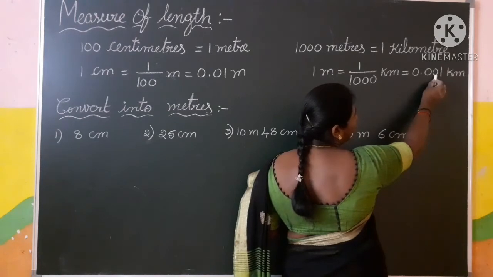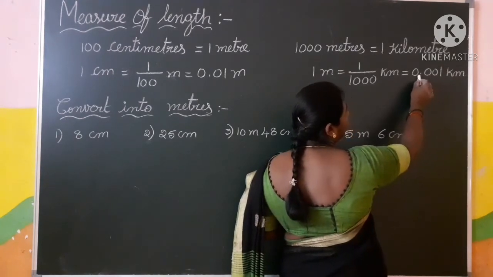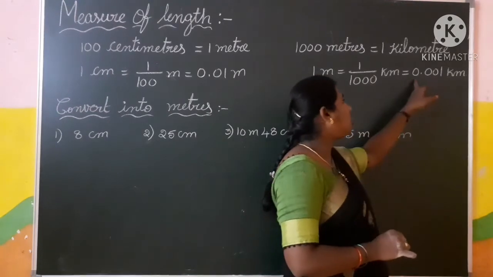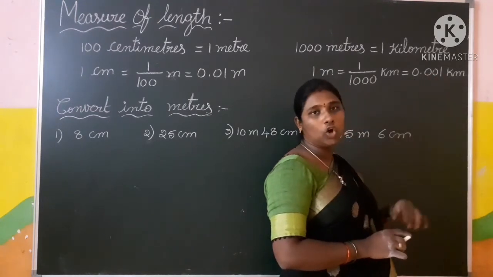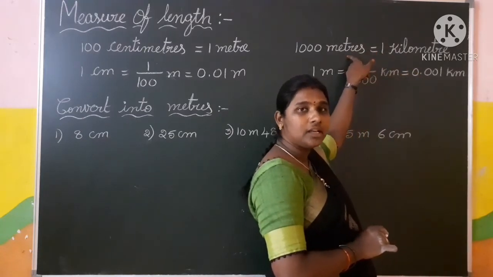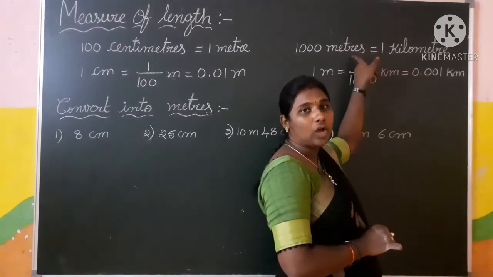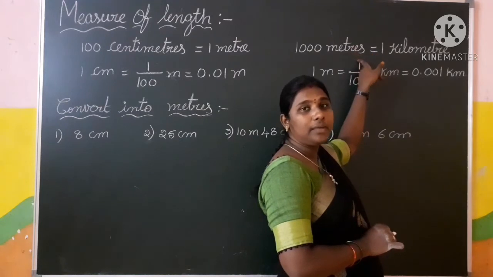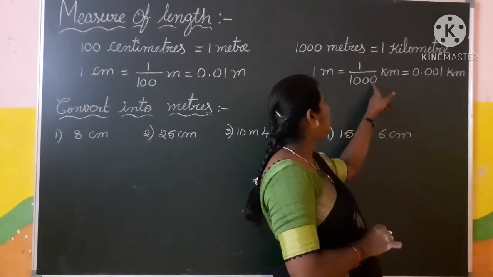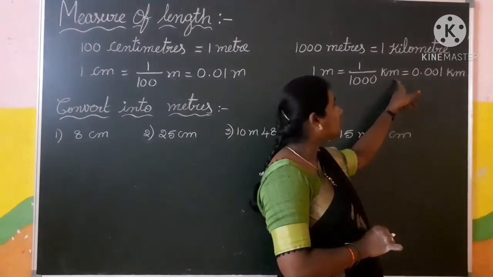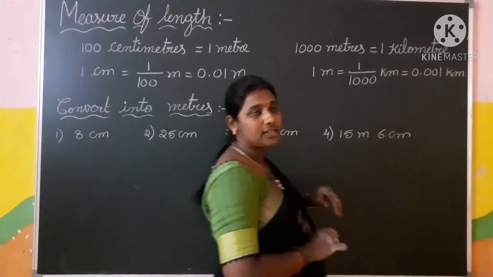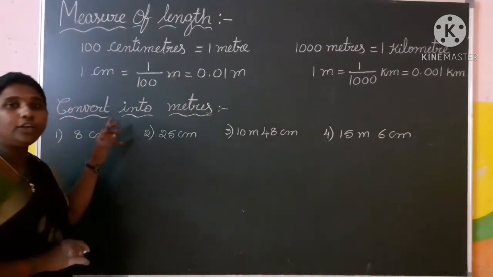For the remaining 2 places we take 0, 0. Before the point there is no number, so we take it as 0. So 1 meter is 0.001 kilometers.